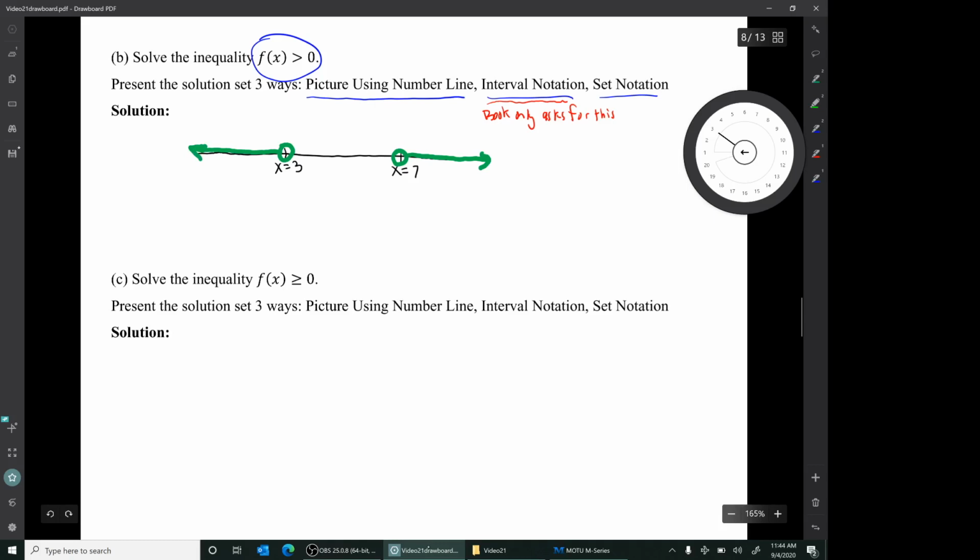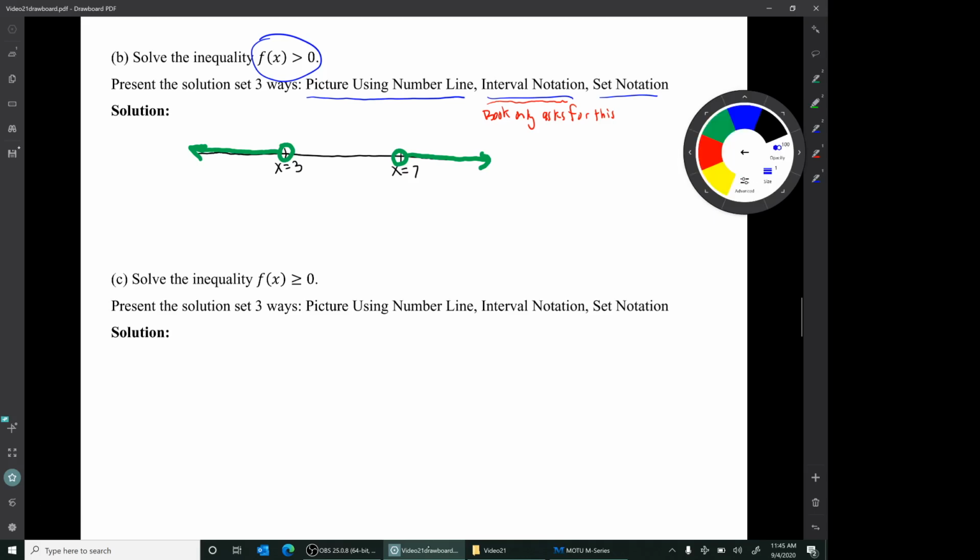So we color the part of the number line that is the solution set. So the x values that are green are the ones that are in the solution set. And notice that I have open circles at 3 and 7 because x equals 3 and x equals 7 are places where the y values are not greater than 0, so they should not be included in the set.